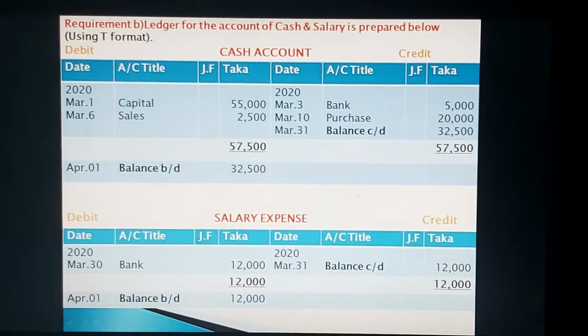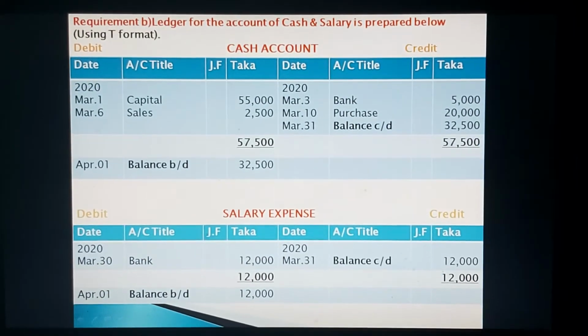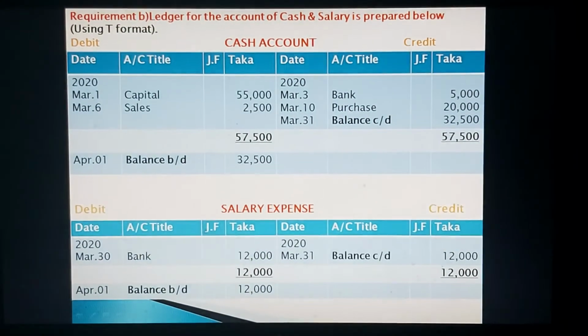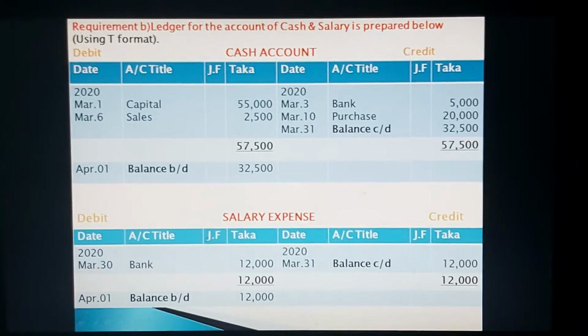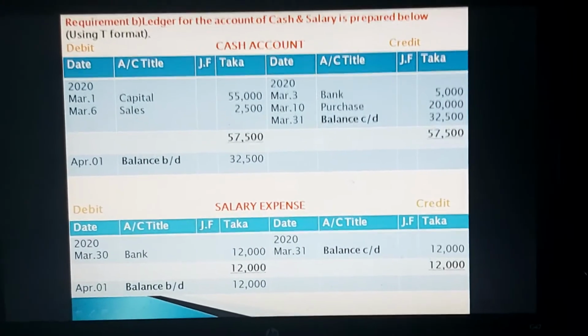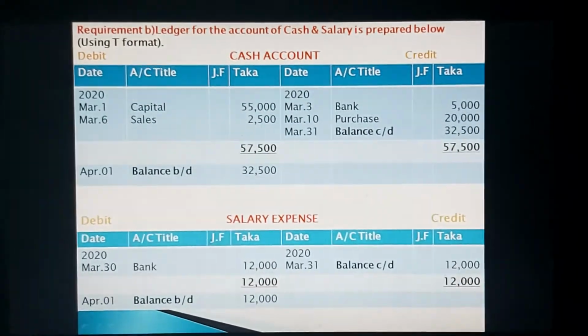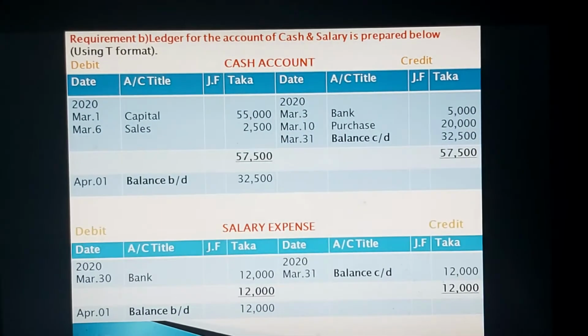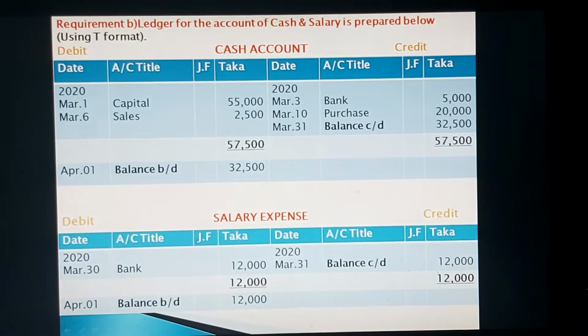Another one in the debit side, March 6, cash debit, sales credit. In the debit side you have to write in the account title column the sales account, 2,500. And in the credit side, two transactions are available. March 3, bank account debit, cash account credit. Now you are on the credit side of the cash account.